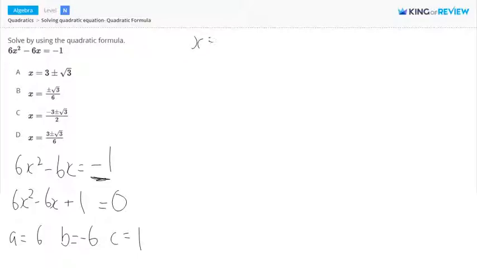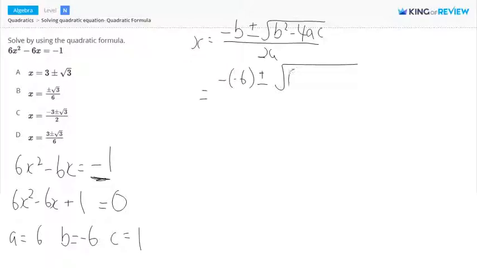Now the quadratic formula says -b plus or minus the square root of b squared minus 4ac, over 2a. So let's plug in our values. -(-6) plus or minus the square root of (-6) squared minus 4 times 6 times 1, over 2 times a, which is 6.